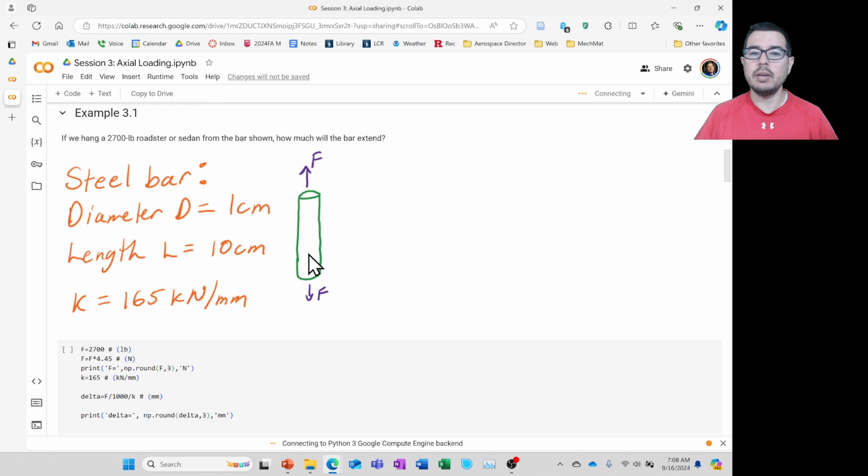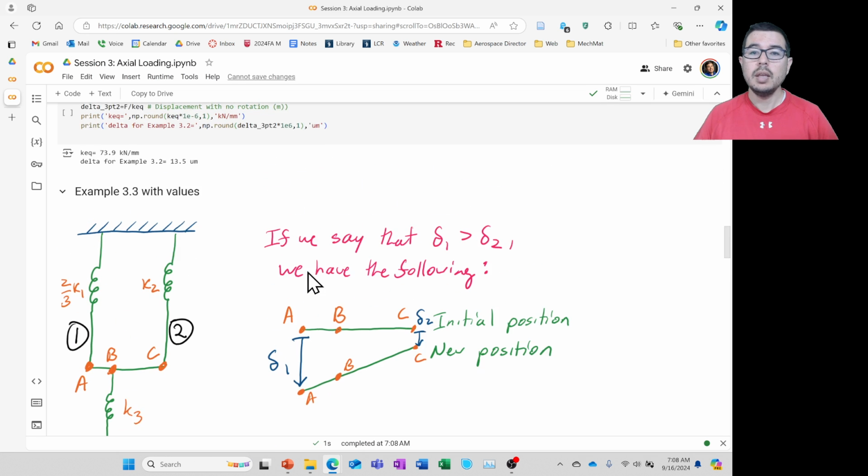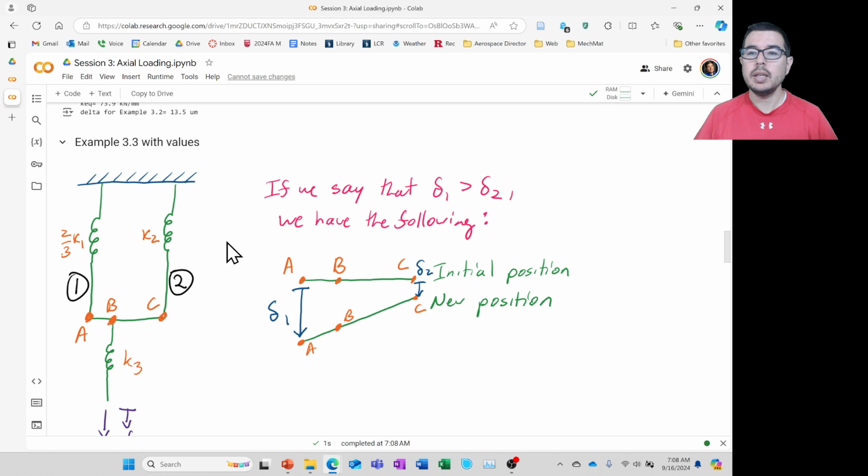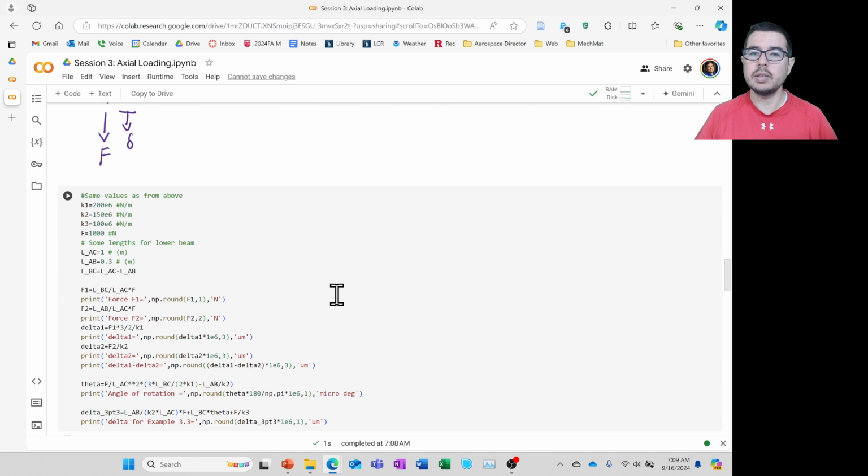And then if you come down, you see, all right, this looks similar, but this is example 3.2, so there was no rotation. And then this is example 3.3, and there is rotation. So we have the 2/3 K1 calculated here, and this is just a screenshot from a slide.